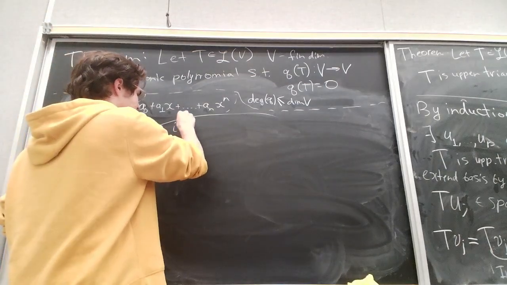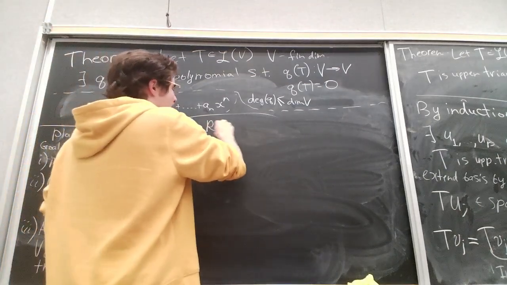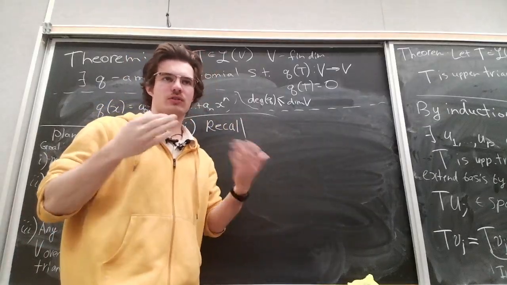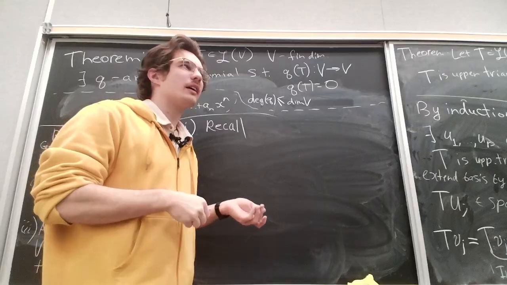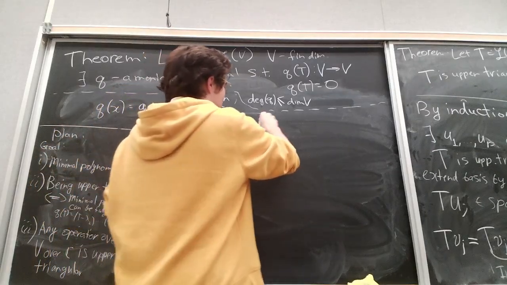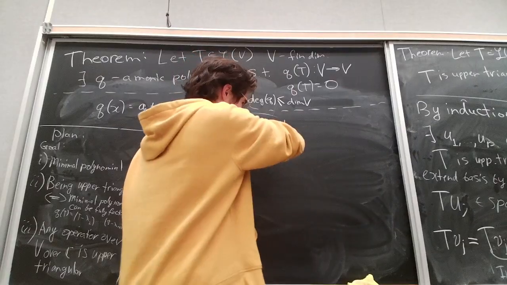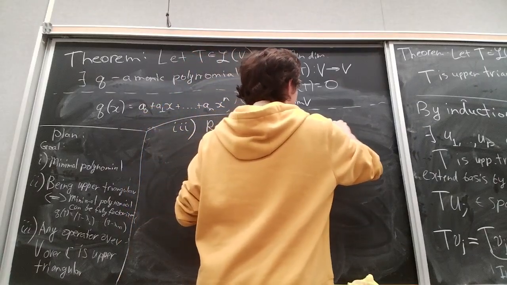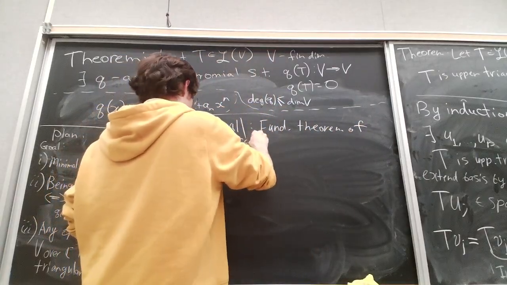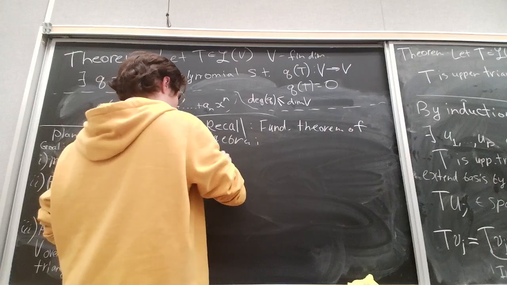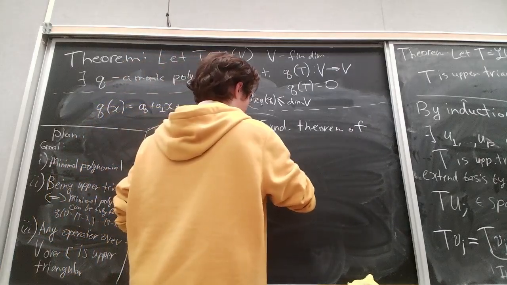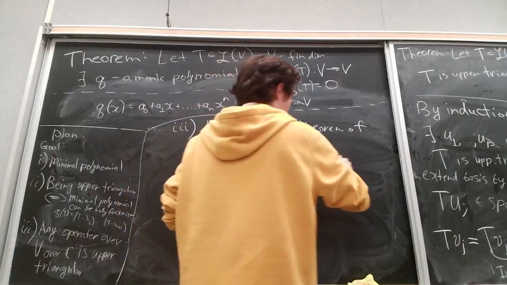Step 3 is recall the fundamental theorem of algebra. You can read this in Axler if you want, or you can just assume it. The theorem is that any polynomial over C can be factored.